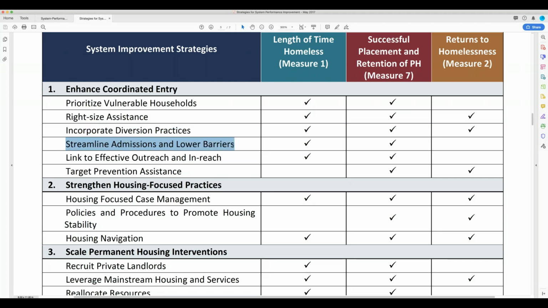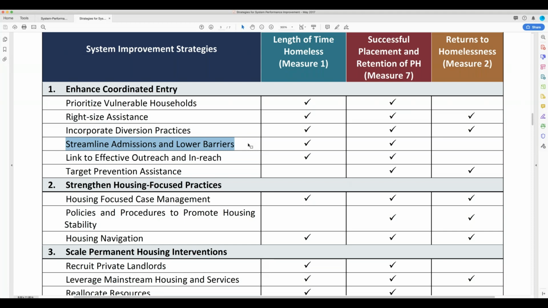All right, streamline admissions and lower barriers. If we're spending months and months getting someone's documentation together, or a ton of time trying to beg a provider to take someone with a criminal background, or trying to rehabilitate someone's credit score, these are substantial time barriers.